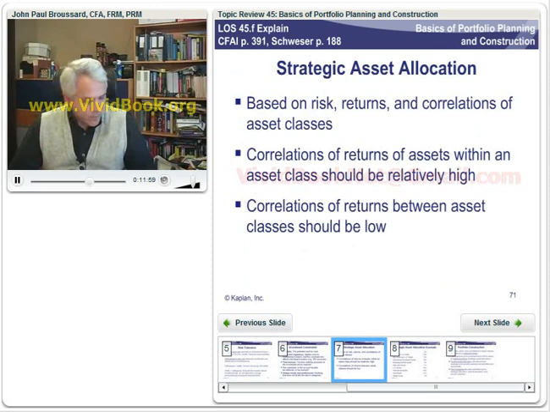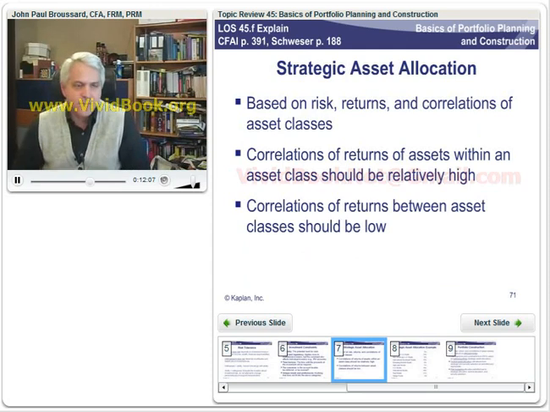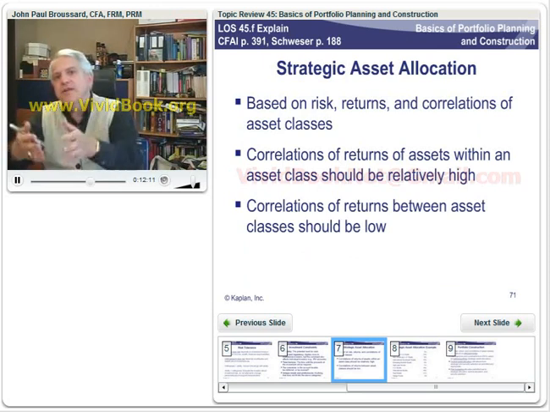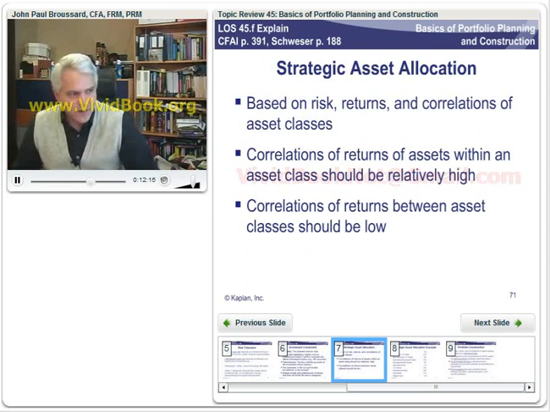All right. Strategic asset allocation should really be long term. You think long term when you think strategic asset allocation. Generally speaking, the portfolio is going to have exposure to these various asset classes. The problem is that when you're trying to formulate asset allocation, you need to know what?